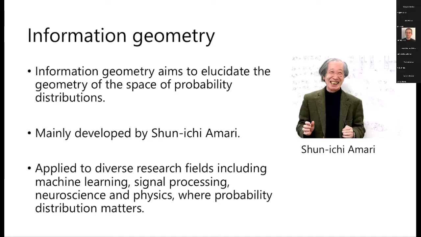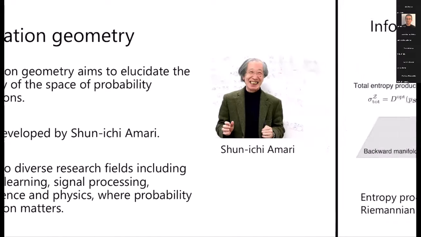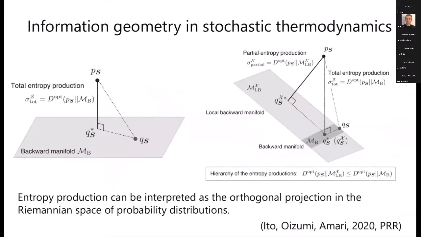As I said, I'm not a physicist and not a specialist of stochastic thermodynamics. I'm a theoretical neuroscientist, and I worked with Shunichi Amari on some mathematical problems in computational neuroscience, utilizing information geometry for that purpose. Later, I worked with Sosuke Ito, who has been very actively using information geometry for stochastic thermodynamics, together with Shunichi Amari.